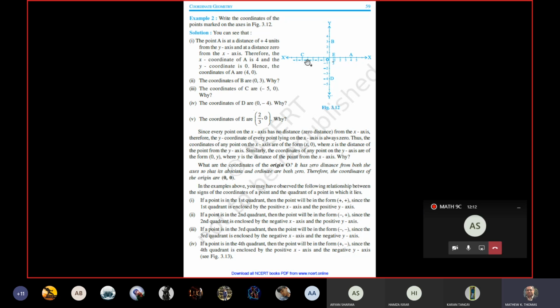So write down, the horizontal line is called the x-axis, and the vertical line is called the y-axis.